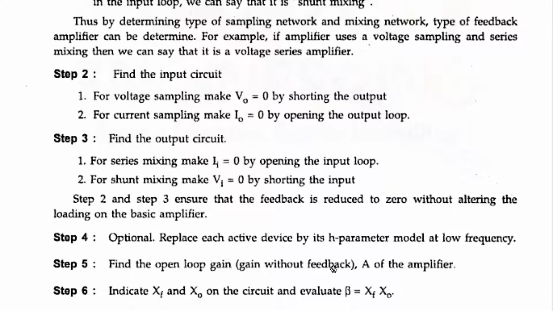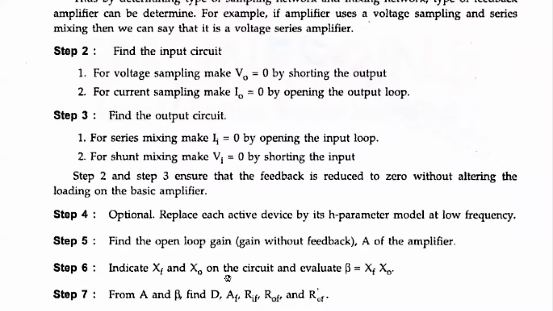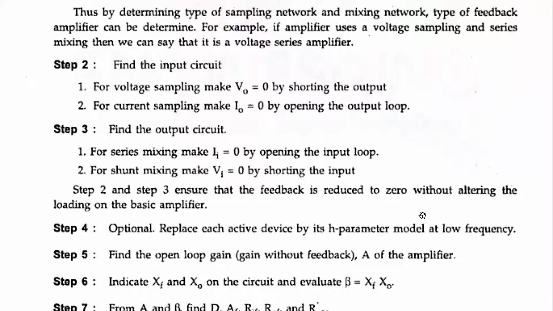Then find beta. Beta will be the feedback signal divided by the output signal. For the amplifier, A will be, for example, the voltage gain, AV, which is output voltage by input voltage.